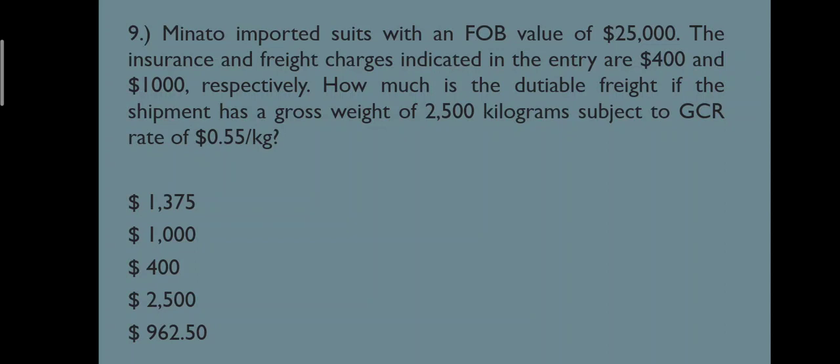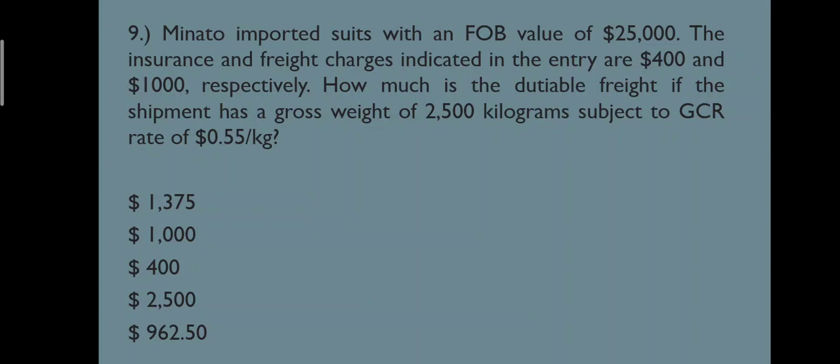Since we have a GCR, we still compute it. We have the gross weight, and the GCR freight is the total gross weight in kilograms multiplied by the GCR rate.